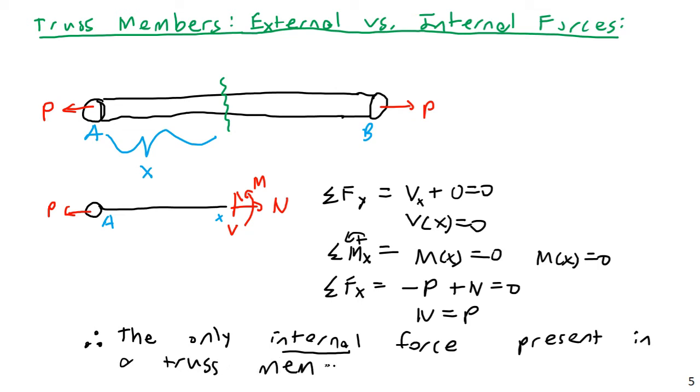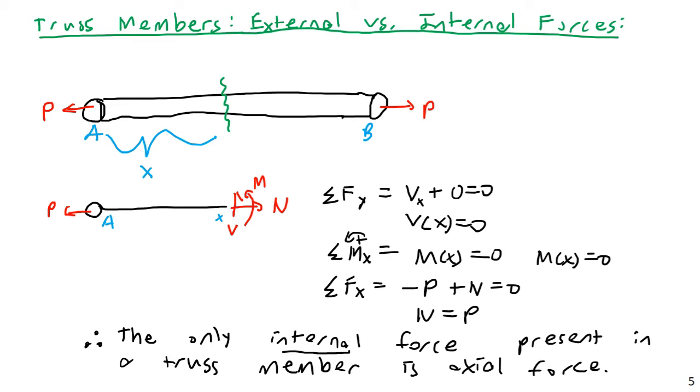This is why I like to look at trusses in structural analysis. It's a good way to connect back the idea of external forces versus internal forces. Okay, questions on this?